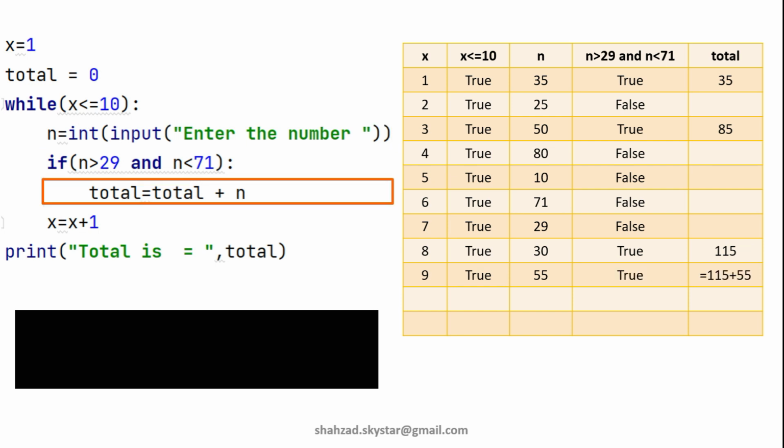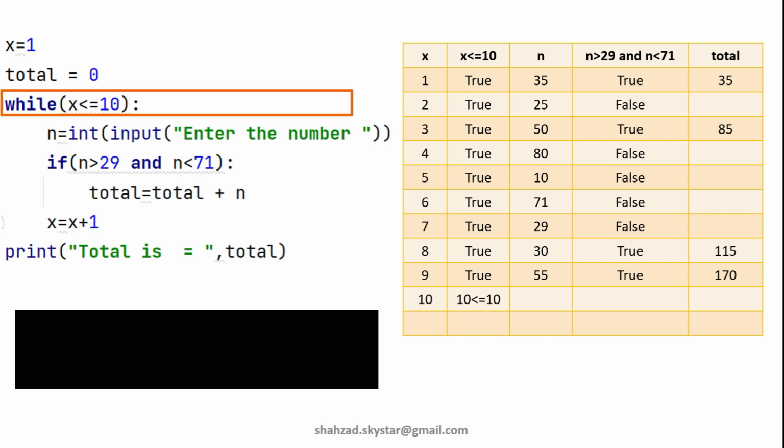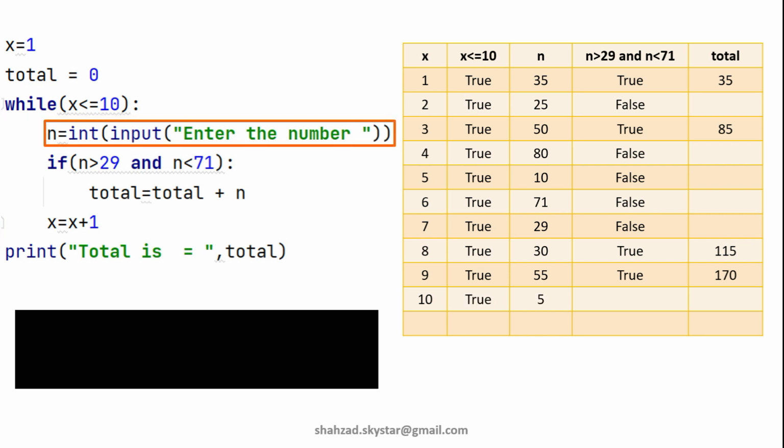In case of true, it will be added: 115 previous value plus current value 55 will give you 170. It will increment variable x. Now value of x will become 10. 10 is less than or equal to 10. Yes, it will be true. Then next input value is 5.